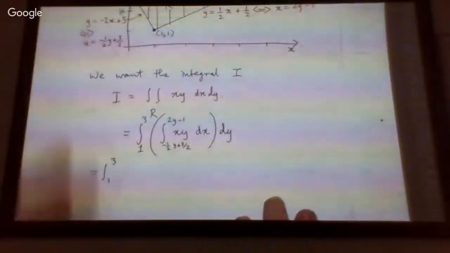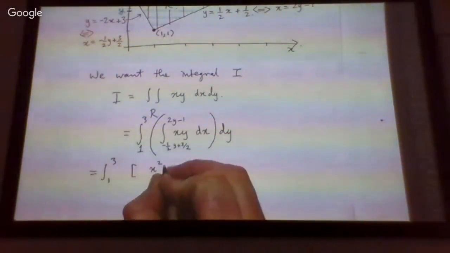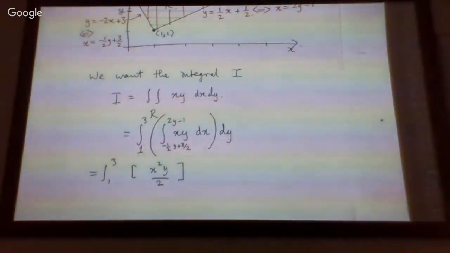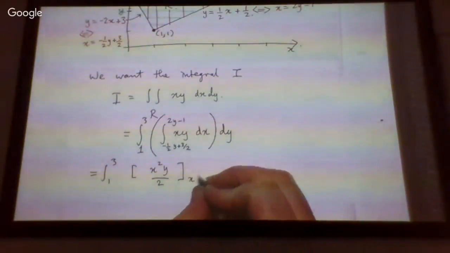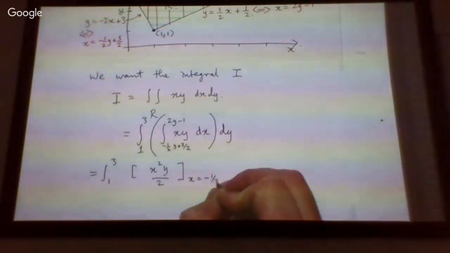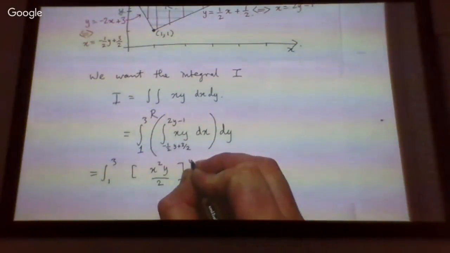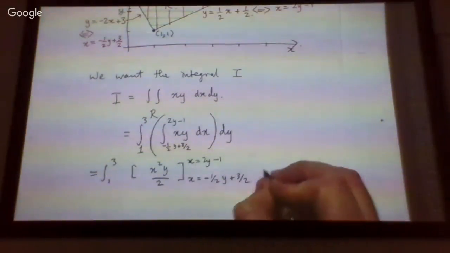Integrating x times y with respect to x gives us x squared over 2. So we've got x squared over 2 times y. And we're substituting in these limits, the lower limit minus 1/2 y plus 3 over 2, and the upper limit x equals 2y minus 1.